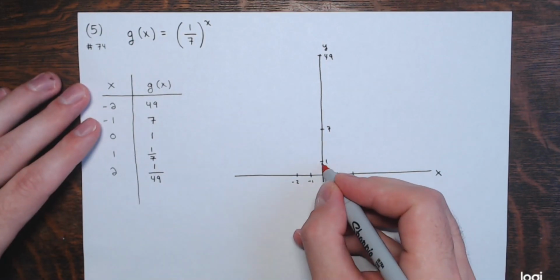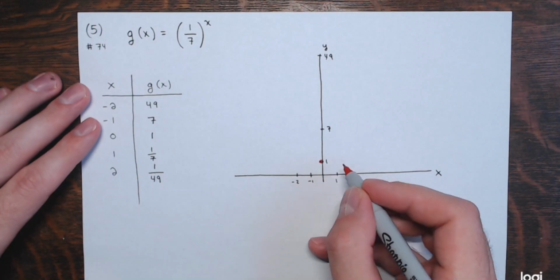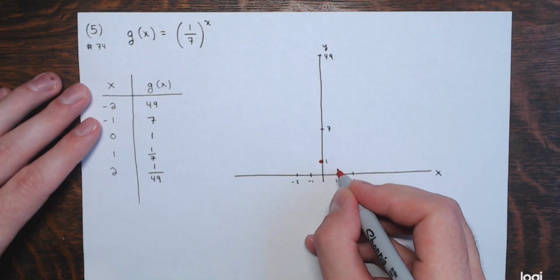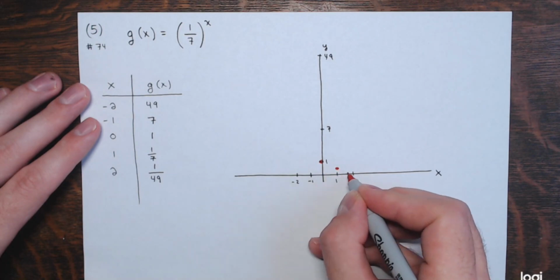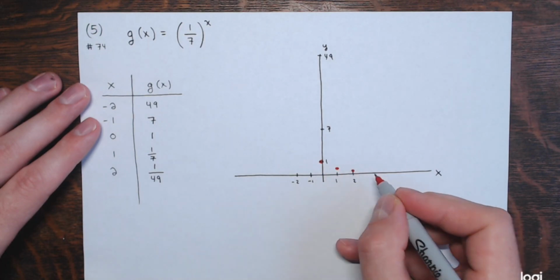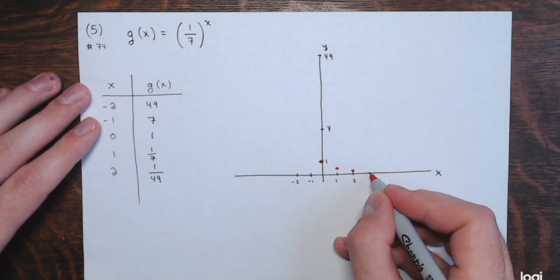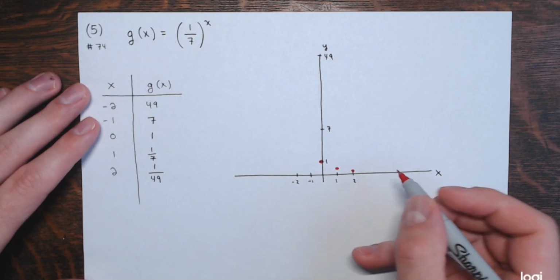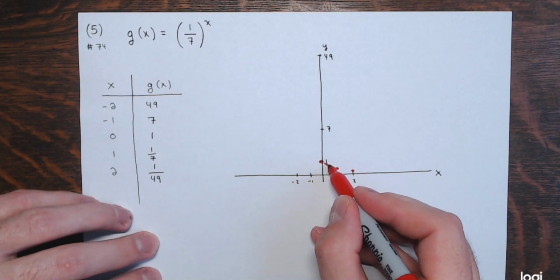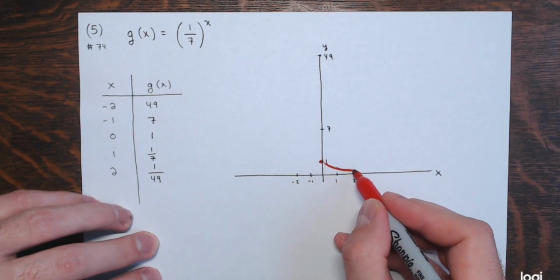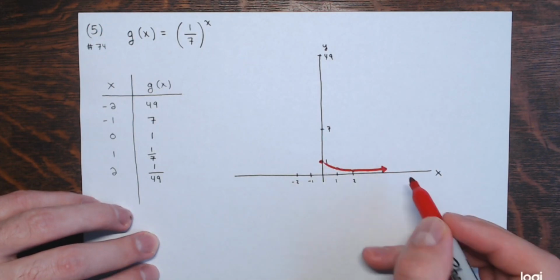So 0, 1, then 1, 1/7. Tiny. Then 2, 1/49, even tinier. 3 would give me 1/343, even tinier. And so as I move to the right, the value of the function is getting smaller and smaller, but remaining positive.